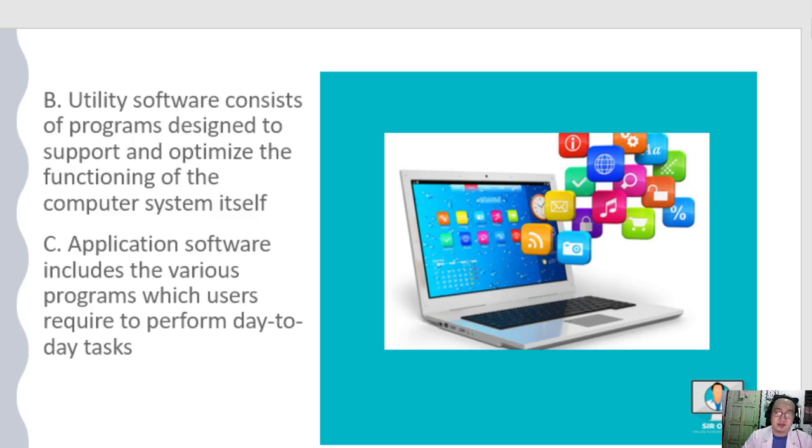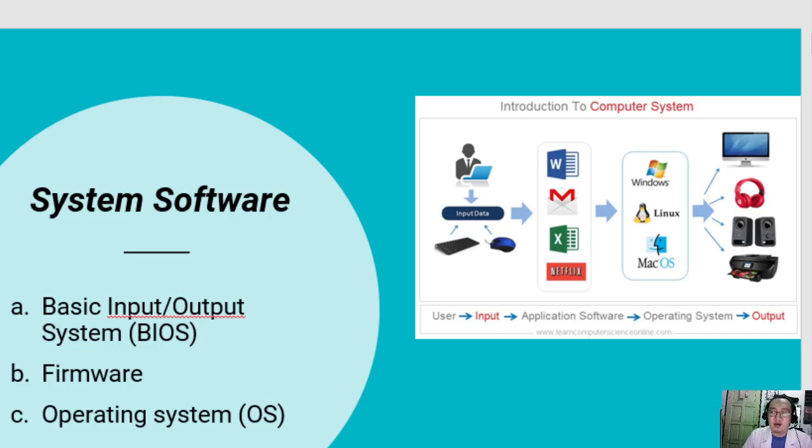Then we have the system software, again, the presence of BIOS, the firmware, and the operating system, or as we call it, OS. The software on the BIOS chip is the first part of the computer to function when the system is turned on, or when you turn on your computer, or your cell phone, your smartphone.